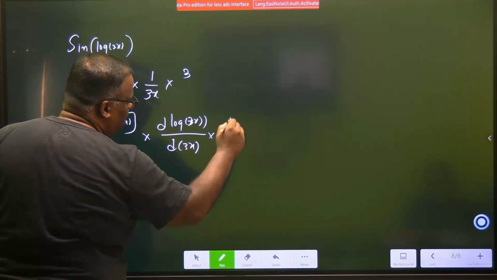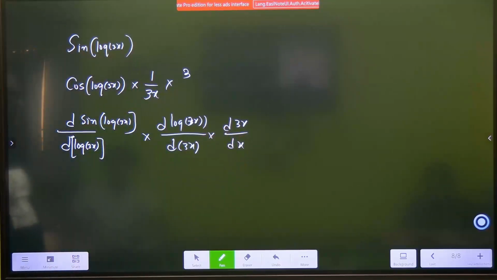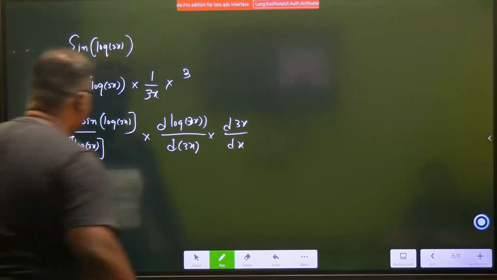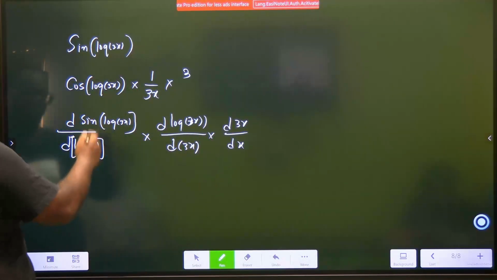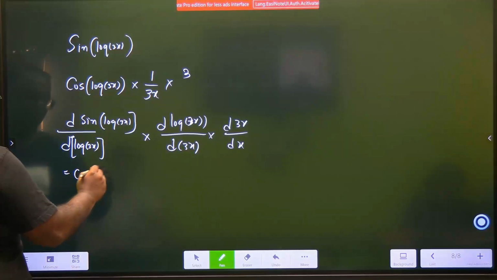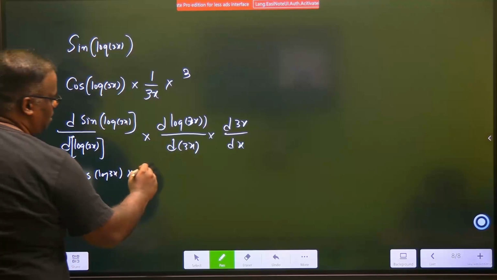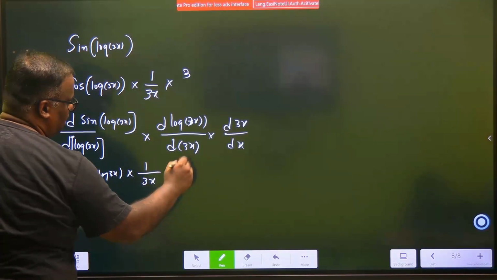And again, d3x goes, what is the dog? X is the dog. Chain, this cancels, this cancels this. Ultimately, these two are there. Now, what is this? Cos of log 3x. What is this? This is 1 by 3x. What is this? 3.